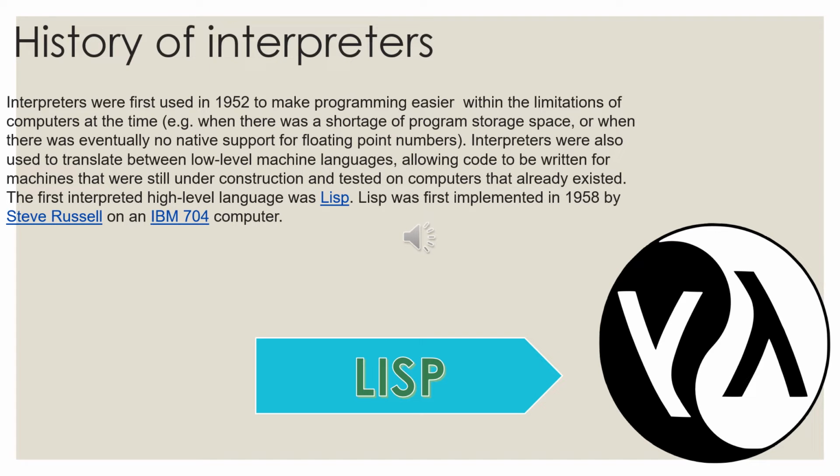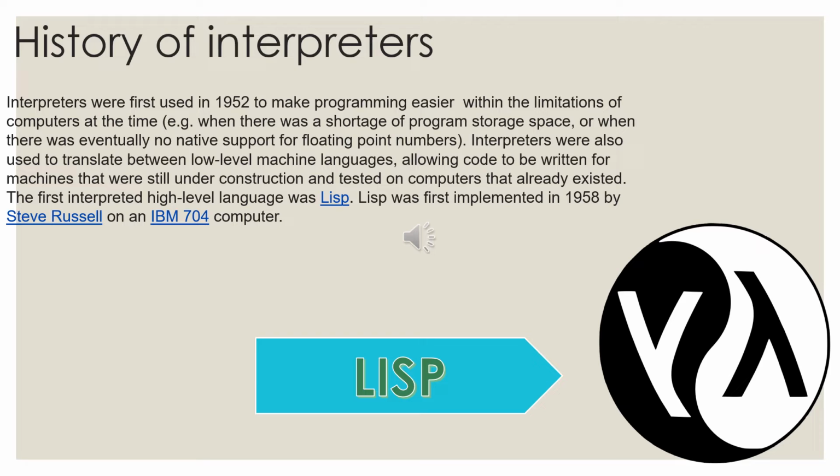Whenever we talk about anything, we must know where its origin is. Then, let's see where the interpreters of computers have come from. So, we move on with the topic history of interpreters. Interpreters were first used in 1952 to make programming easier within the limits of computers at the time.